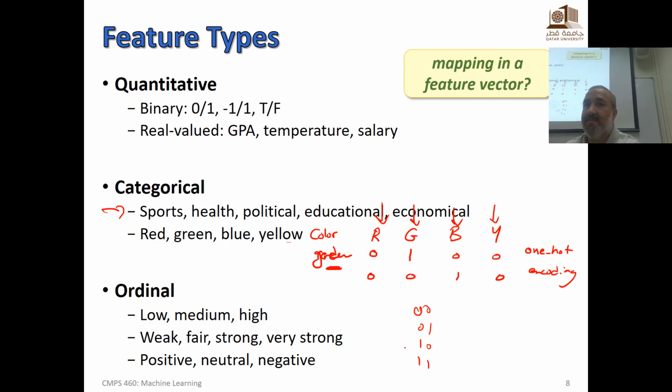Did you understand what she's suggesting? So instead of having green be 0, 1, 0, 0, maybe green would be 1, 0 only. It will be different from the others. So I will leave it to you to think about whether this is a good solution or not.